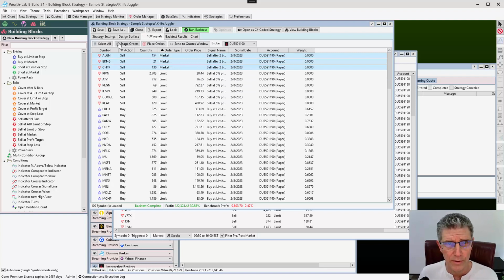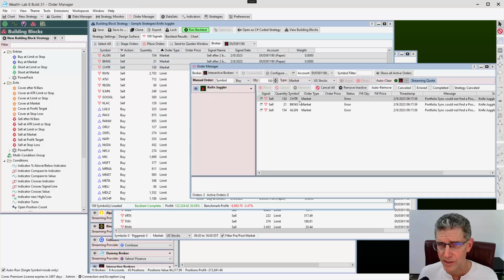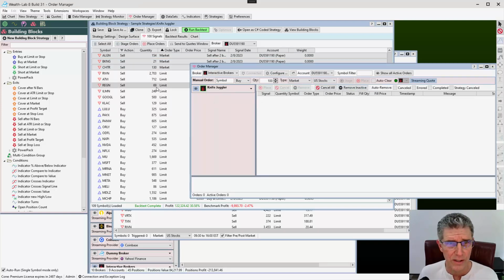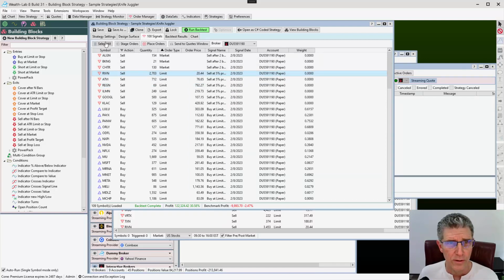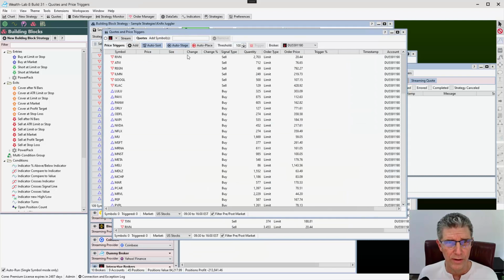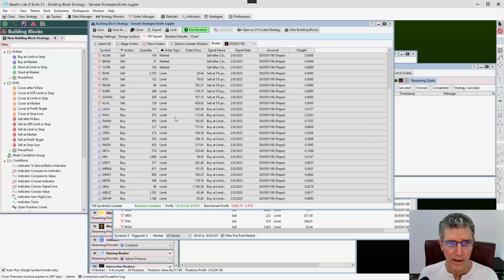You would enter your market orders. You can place or stage them. Here, I just staged them, so they're sitting here. Well, these all errored out because there weren't any positions to match those. And you can select them all and open those in another quotes window and start streaming, and then you would trigger those orders as they came in.